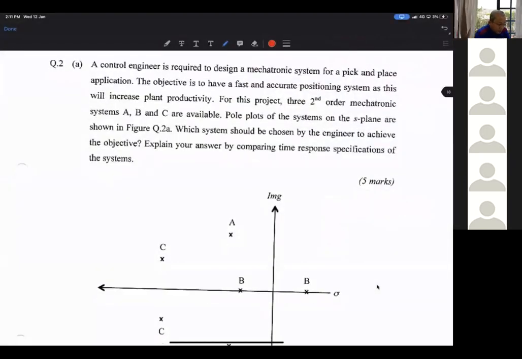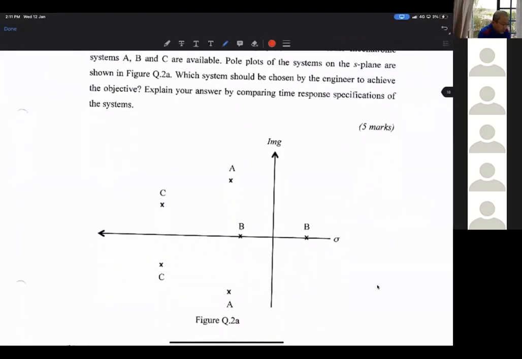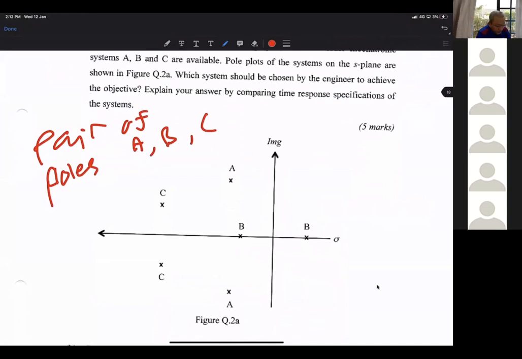A, B, and C. So this is A, a complex conjugate pole.